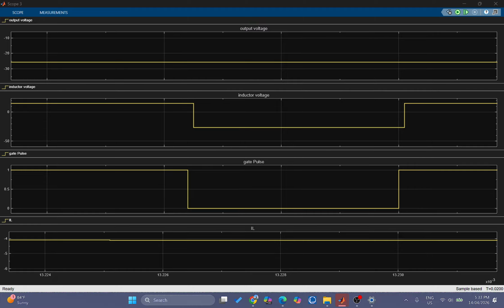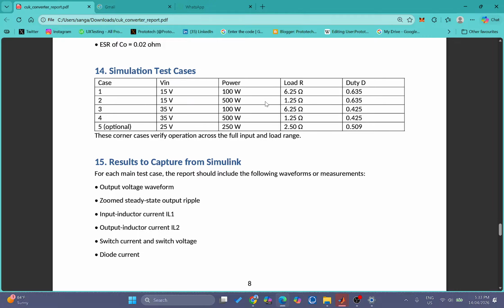One important observation: as the input voltage increases from 15 volt to 35 volt, the duty cycle is decreasing, right?